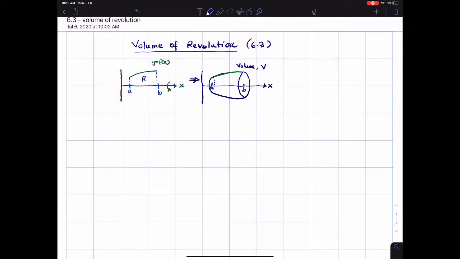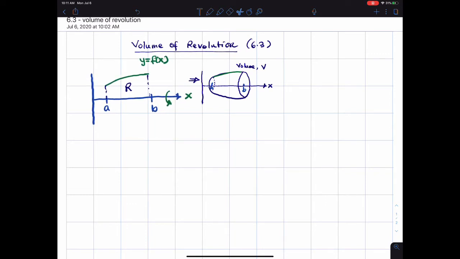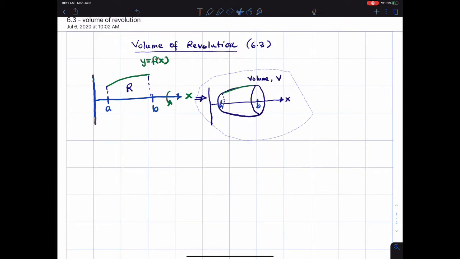Let's get a slice of our solid. Before I do that, maybe I should make this a little bigger. All right, so I'm going to do this, maybe like this.